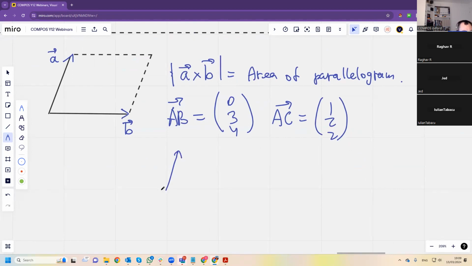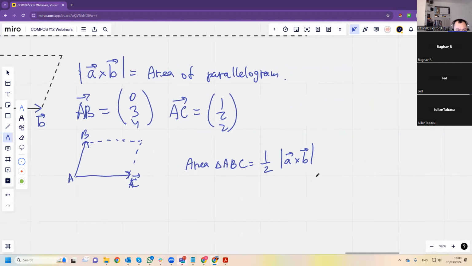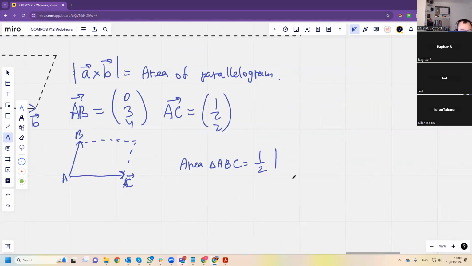If you have vectors AB and AC, the area of the parallelogram would be this, but the area of the triangle would be half of that. Area of triangle ABC would be 1/2 of the modulus of the cross product of the two vectors AB and AC.